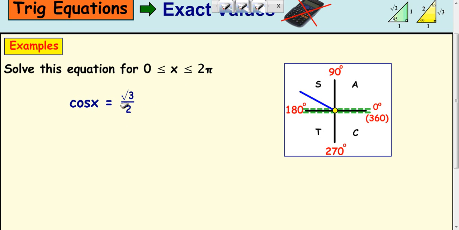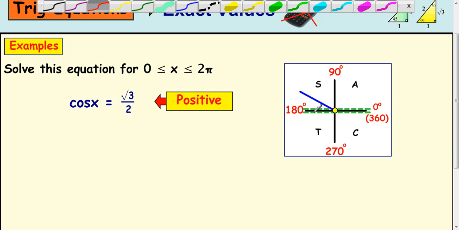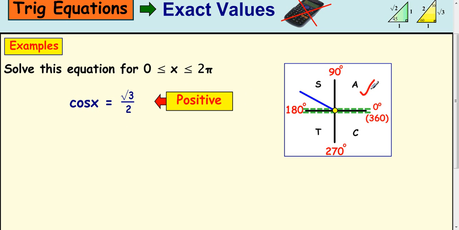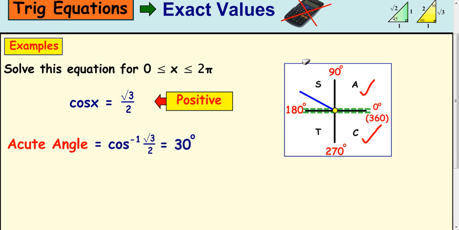First thing, work out if the cosine wave is positive or negative. It's positive. Tick the quadrants cos is positive, and that would be the A and the C. Find your acute angle or your base angle. So we want to inverse cos root 3 over 2, and that is 30.